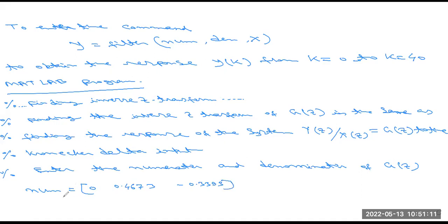This is the numerator part. Another one, denominator part, that is 1 and minus 1.5327 and another one 0.6607. Because you have to give all symbols into this programming, otherwise a syntax error is given.